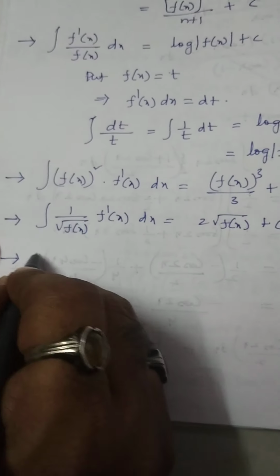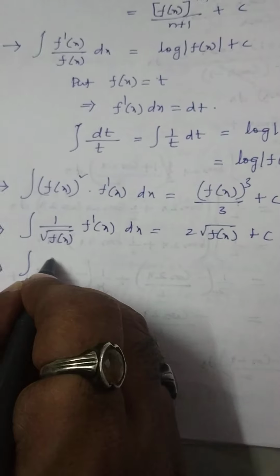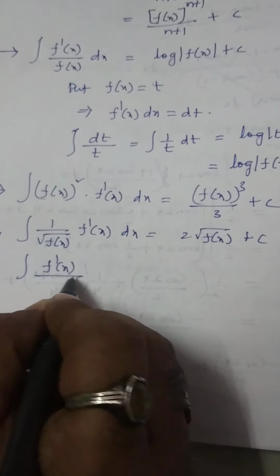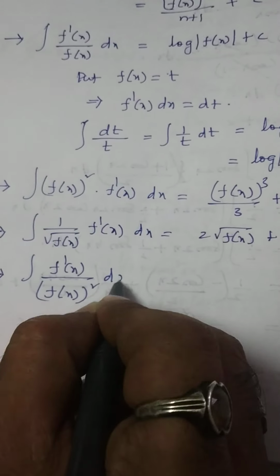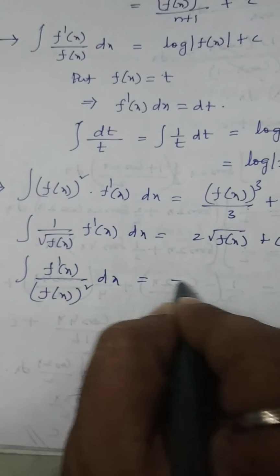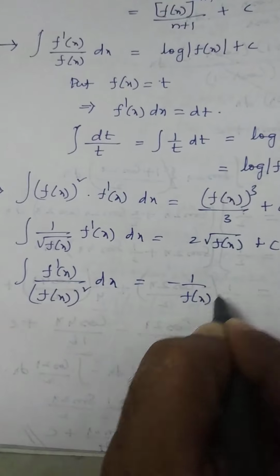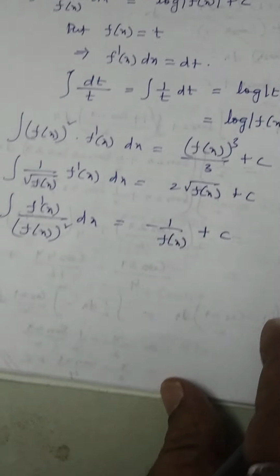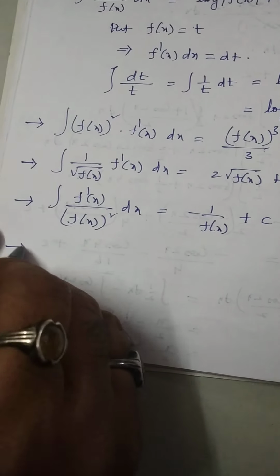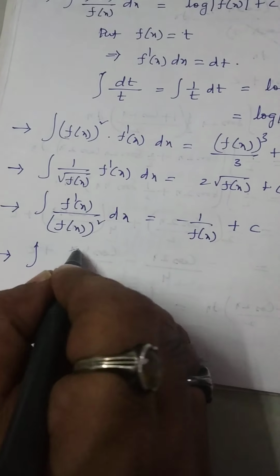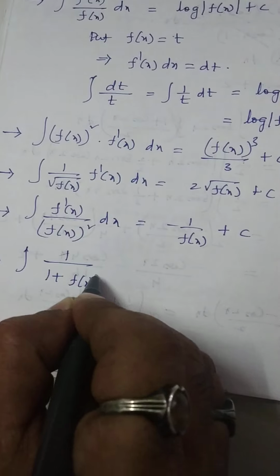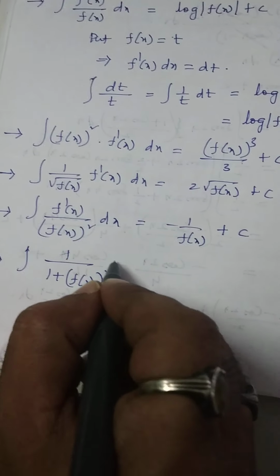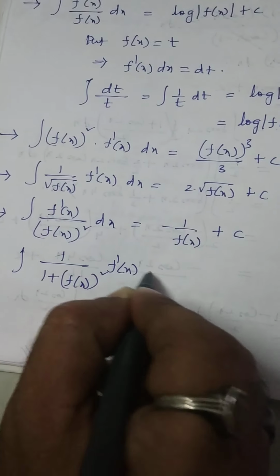Similarly the fifth one, integration of f dash of x by f of x whole square into dx is equal to minus 1 by f of x plus c. Next, integration of 1 by 1 plus f of x whole square into f dash of x dx.